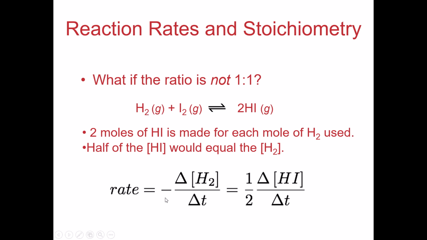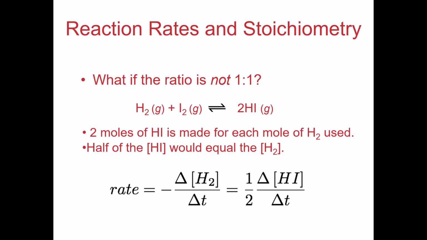So to set this up into a mathematical relationship, we could say the rate of the reaction is equal to the negative of change in H2 over change in time. Because H2 is a reactant, we have the negative out front, and that would be equal to half the change in HI over change in time.